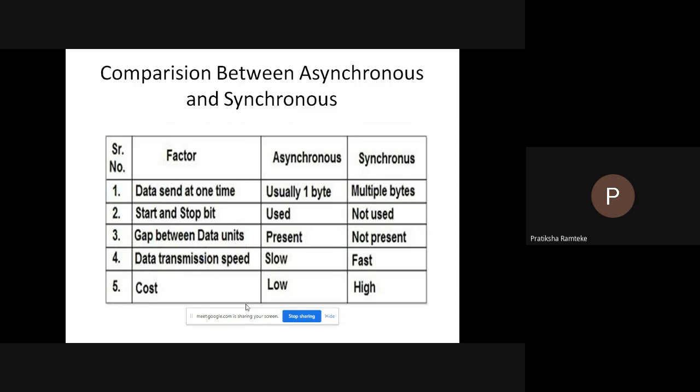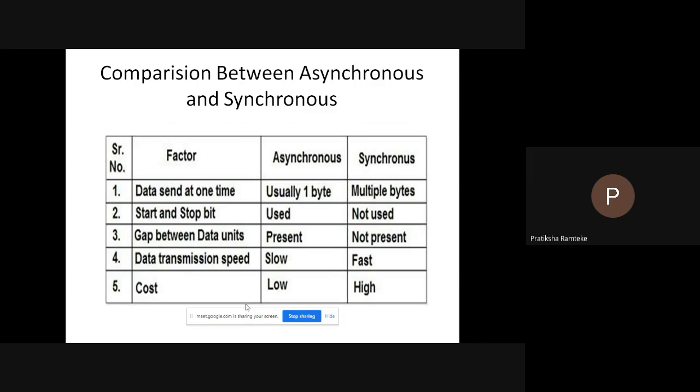Start and stop bit: in asynchronous, start and stop bits are used, but in synchronous, they are not used. Gap between data units: in asynchronous, the gaps between data units are present, and in synchronous, not present.